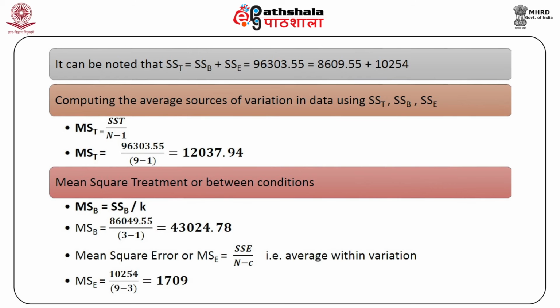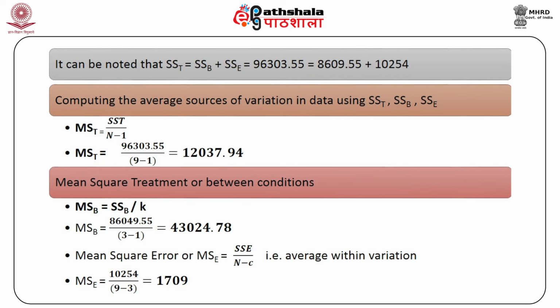Compute the average source of variation in data using SST, SSB and SSE, and we get the mean sum of squares for the total by SST divided by n minus 1, where n is the total number of observations.